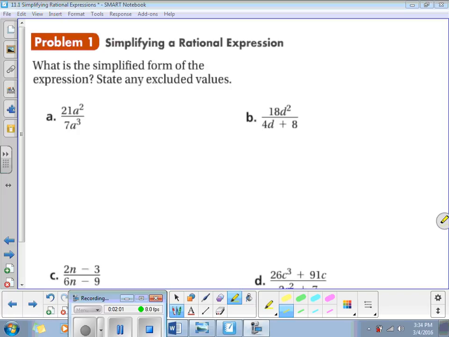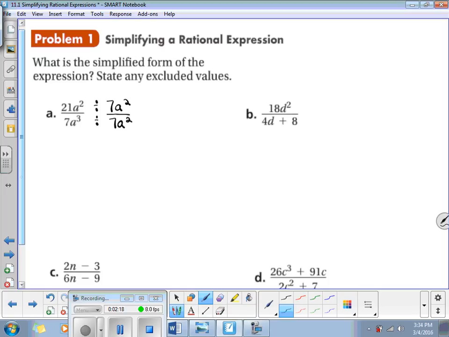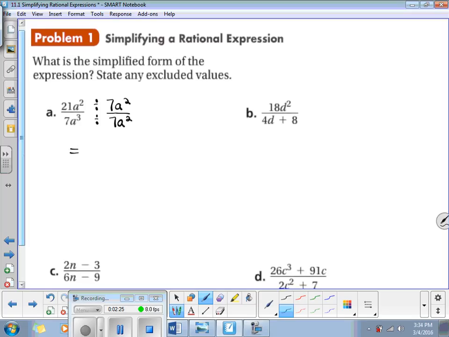7a squared. So we're going to divide out the greatest common factor. We divide by 7a squared in the numerator, and by 7a squared in the denominator. 21a squared divided by 7a squared gives me 3.